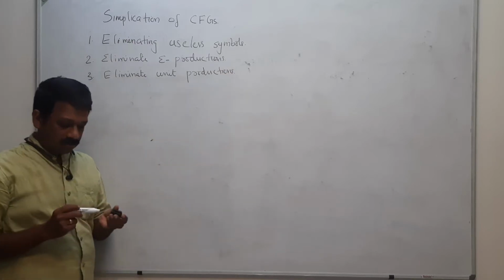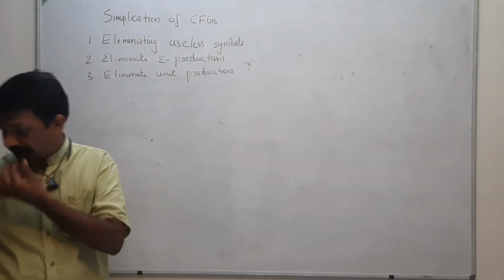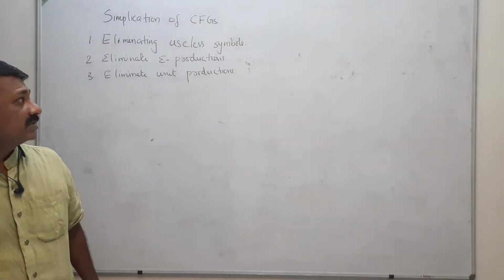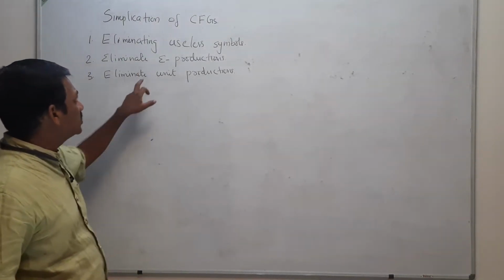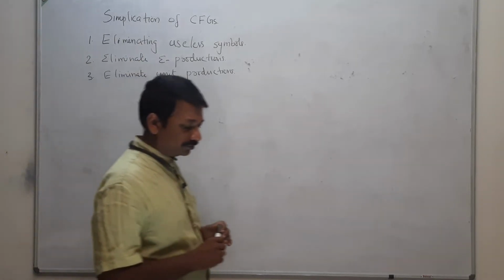These are the 3 steps you have to take. That is, eliminating unit productions, eliminating epsilon productions, and eliminating useless symbols.